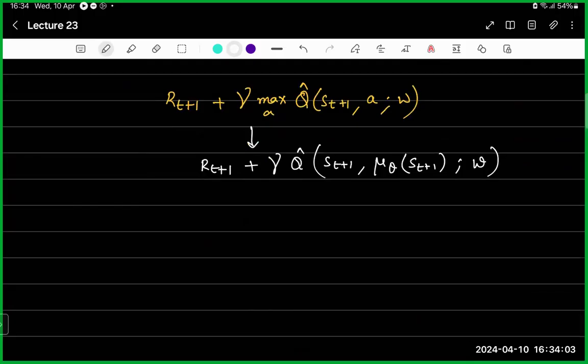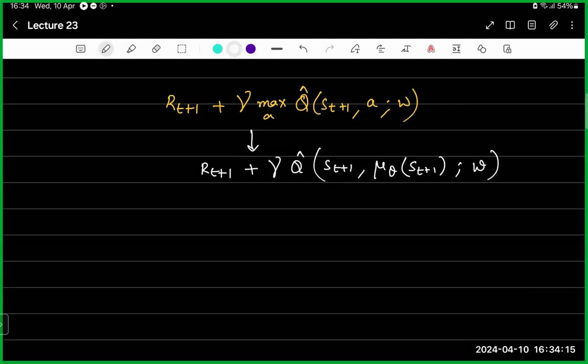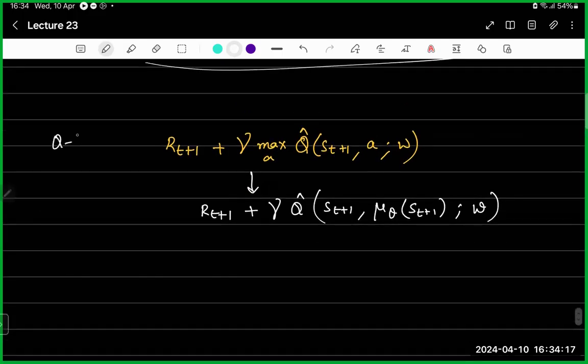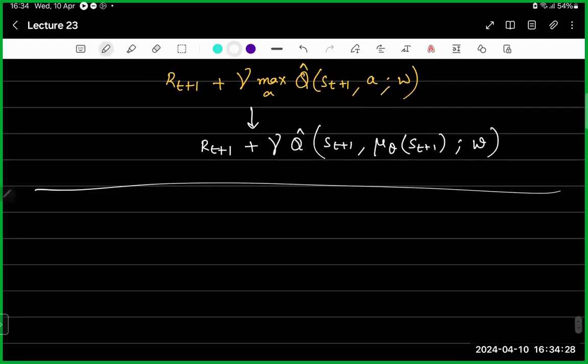Is this clear? Now suppose we start with some mu, then we know how to do the Q learning updates. But we have to learn the mu also, right? So this is the Q learning side we understood. Now we have to understand how we train the theta parameters.